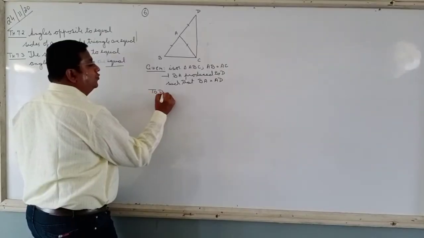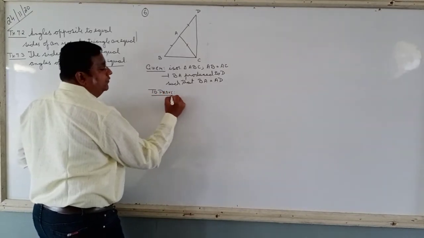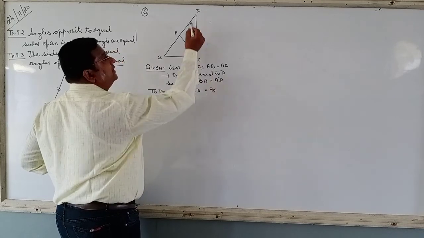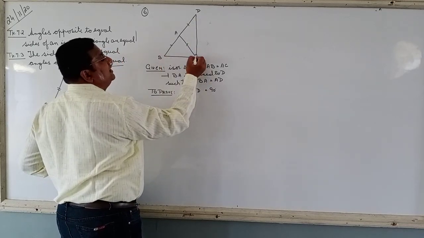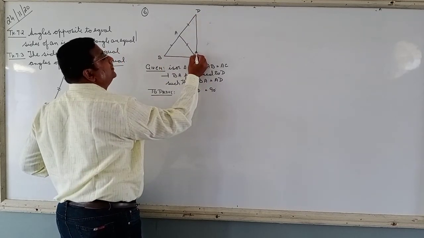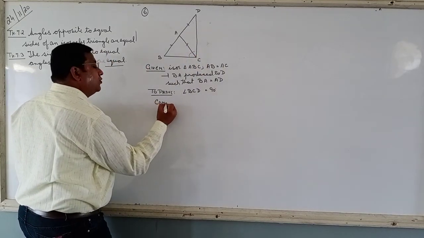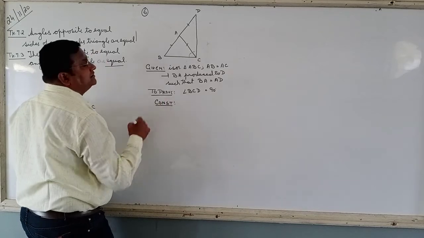What we have to prove? We have to prove that angle BCD is equal to 90 degrees. BCD is a combination of these two angles. Construction not required. One after the other, just take.